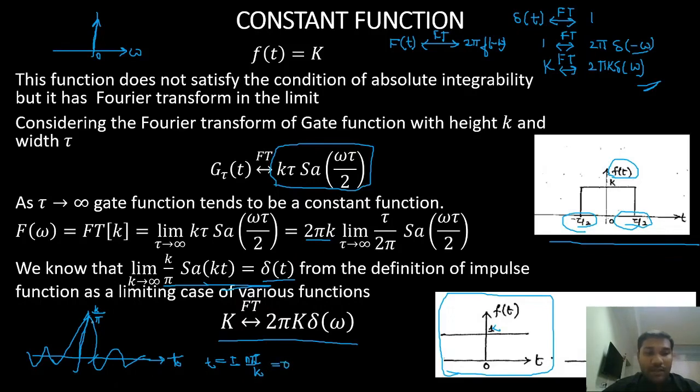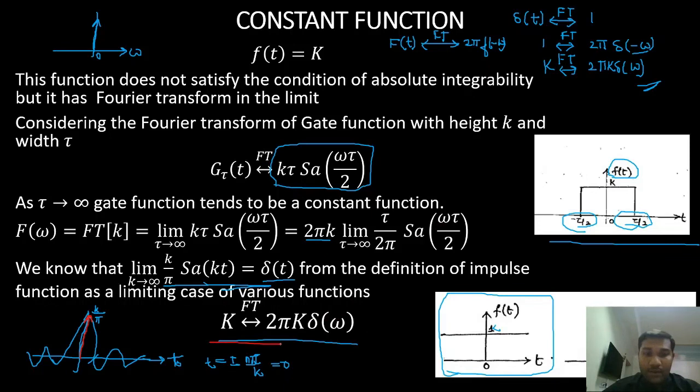So everything else here vanishes. All the signal here vanishes. We will only be left with one impulse at t equals 0. That is nothing but delta of t, right? So in place of this entire thing, I can just substitute delta of omega.